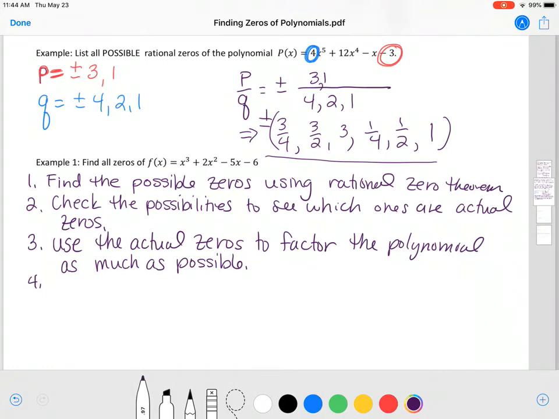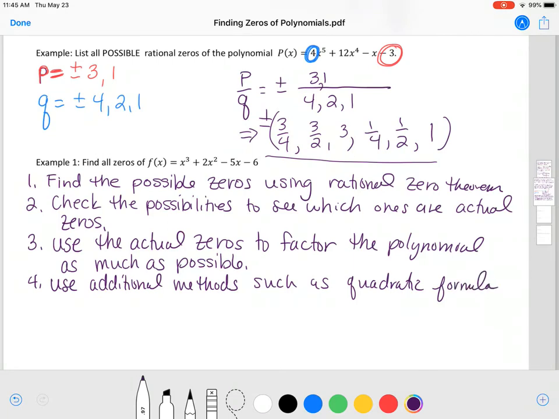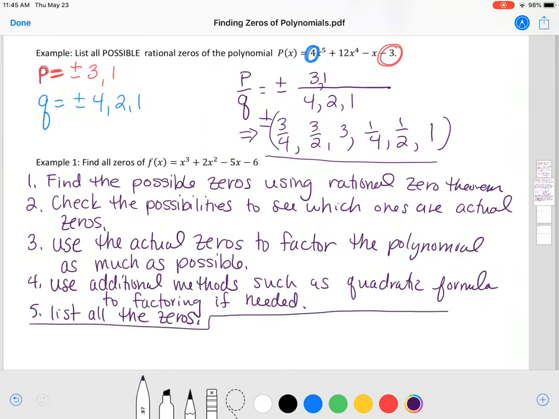Then step 4 is to use additional methods such as quadratic formula to finish factoring if needed. Okay, and then the last step is to actually list all the zeros. So these are the directions.